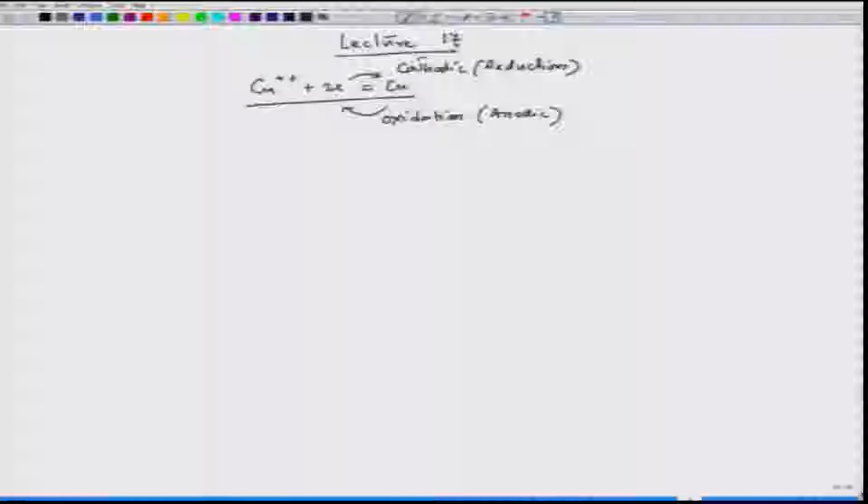Now, here I can see this is copper, a pure metal, and if it deposits, the activity I can consider to be 1. So, when we talk about concentration cell for this cathodic or anodic half cell reaction, we have to consider the concentration difference of this particular species. Now, let us construct a cell.